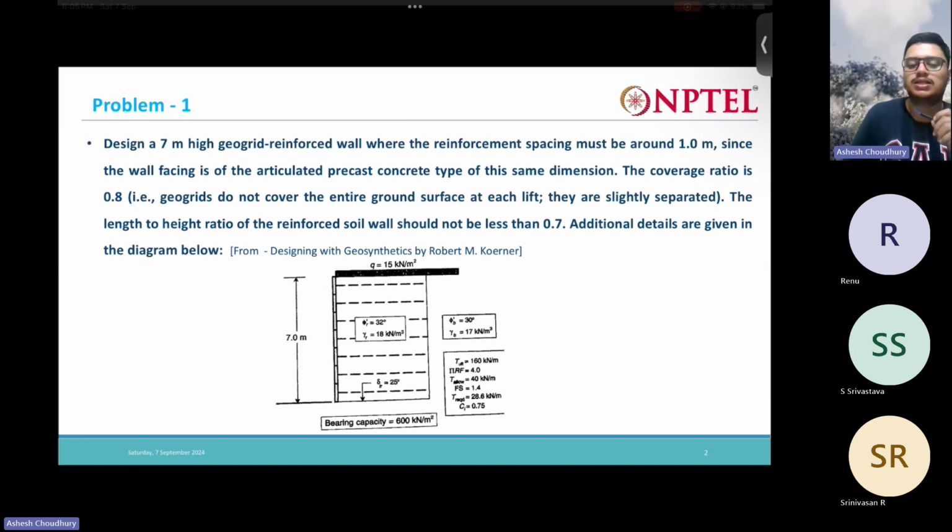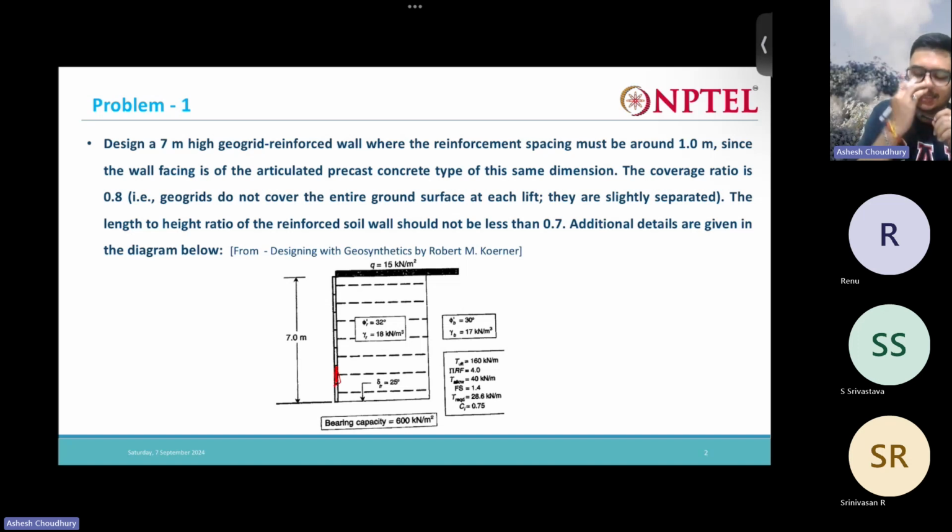That means the blocks we are using are cast somewhere else and then transported to the site, and these blocks have a fixed height of around 1 meter. So we need to limit our spacing to around 1 meter.